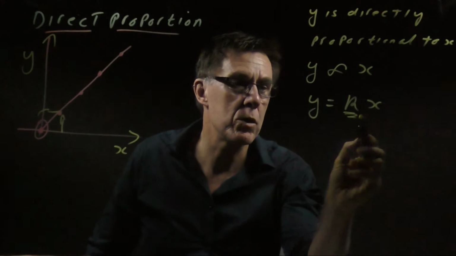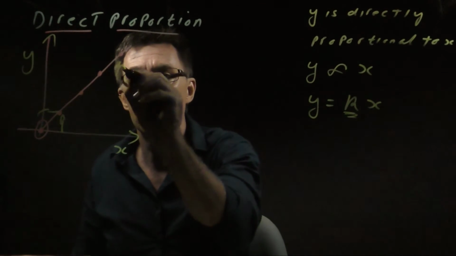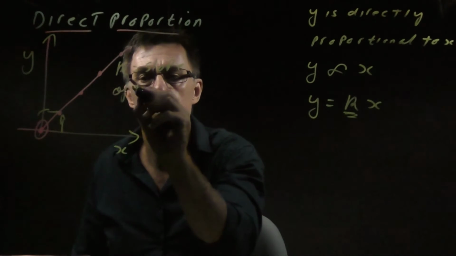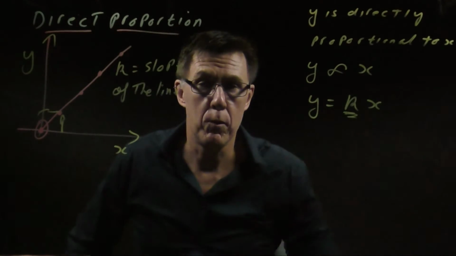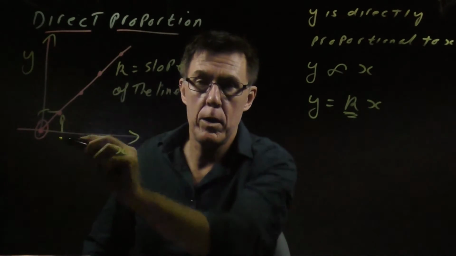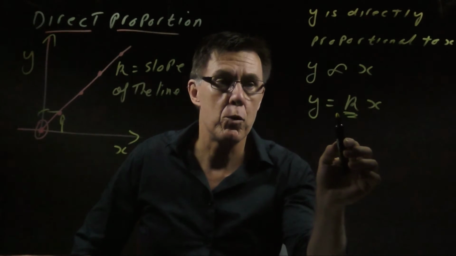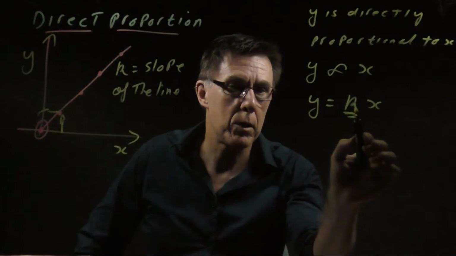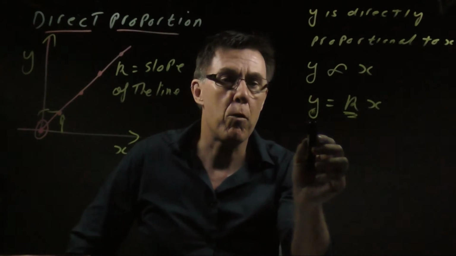Now, this constant is very important. That value of the constant is the slope of the line. So if I knew what the slope of the line is, I've got this constant here that gives me a rule that relates, if I know how x changes, if I multiply it by this particular constant, slope of the line, I'll produce the appropriate y value.